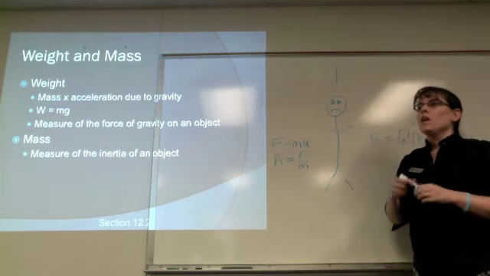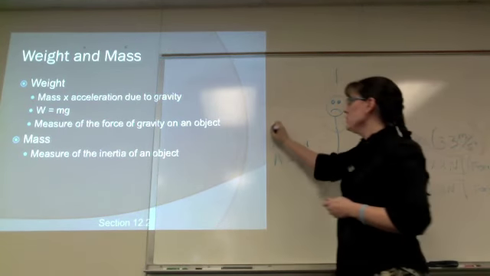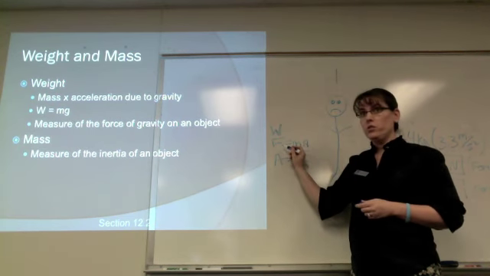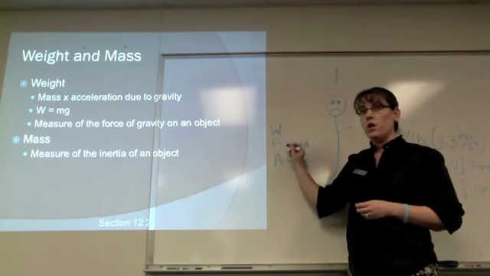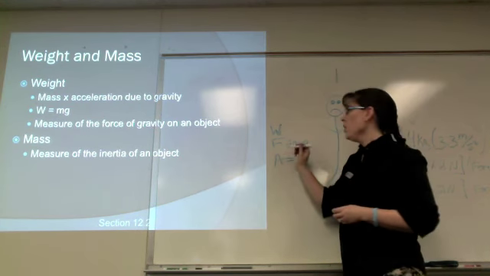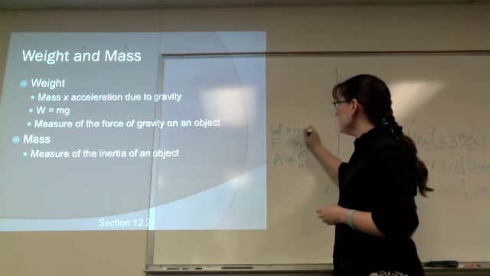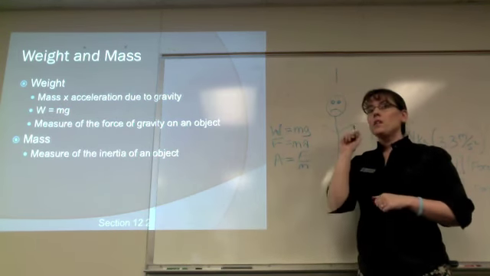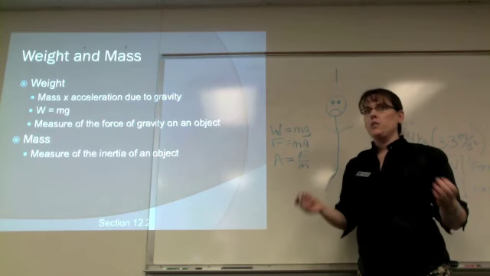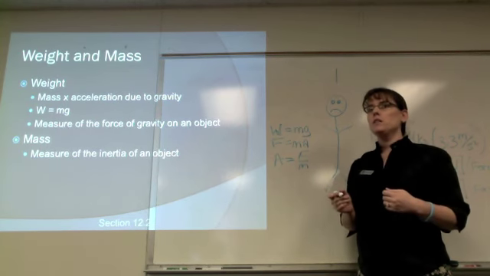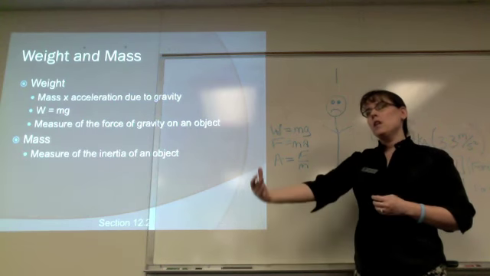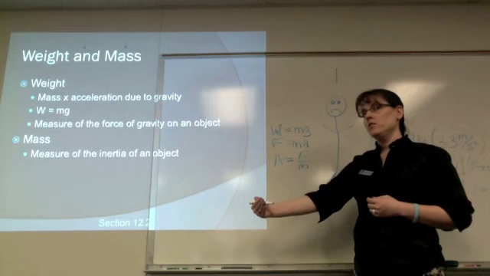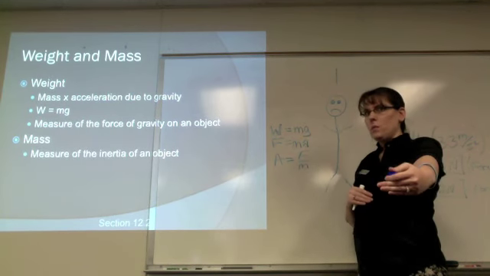Weight is a measure of the force of gravity on you. So technically, when they say your weight is 100 pounds, what they're saying is that, assuming an acceleration due to gravity of 9.8 meters per second squared, you weigh this much.